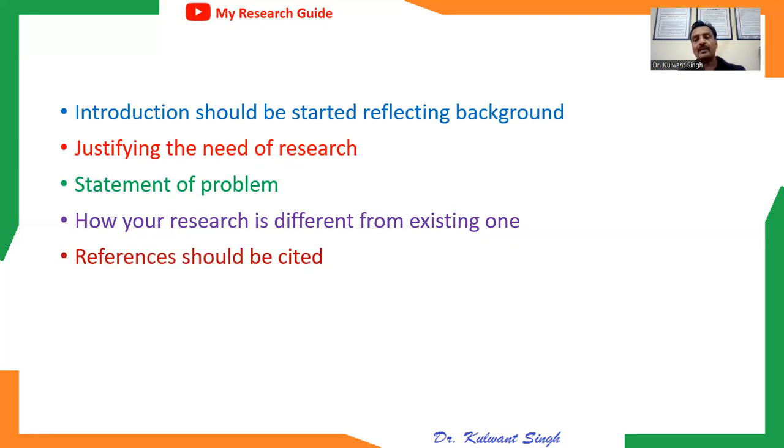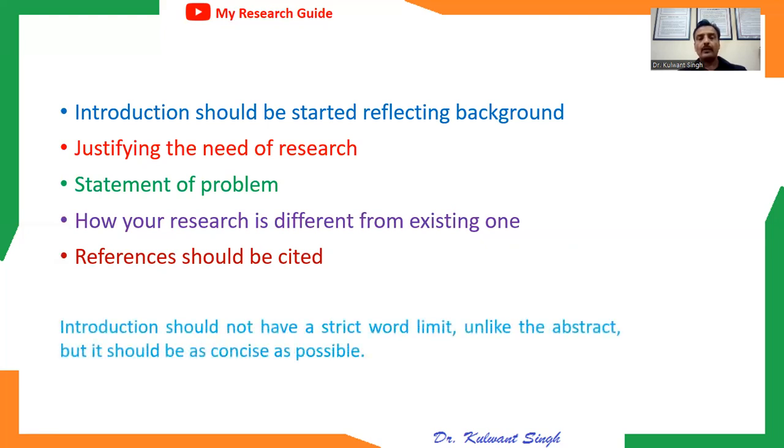References should be cited because we are presenting information from the available literature. So proper reference should be cited for each and every piece of information taken from any other sources. The introduction should not have any word limit, unlike the abstract, but we should try to be as concise as possible.